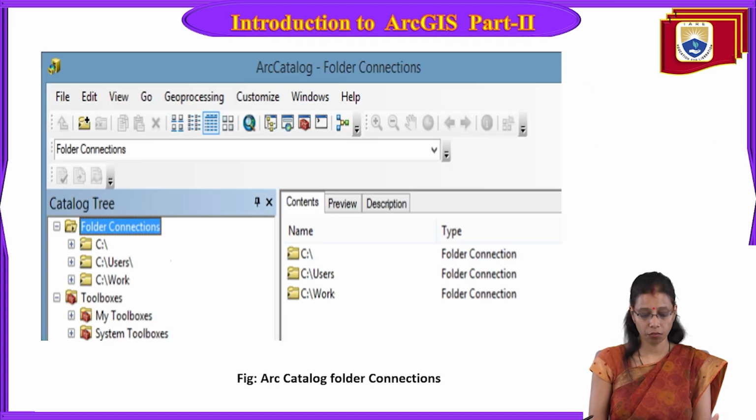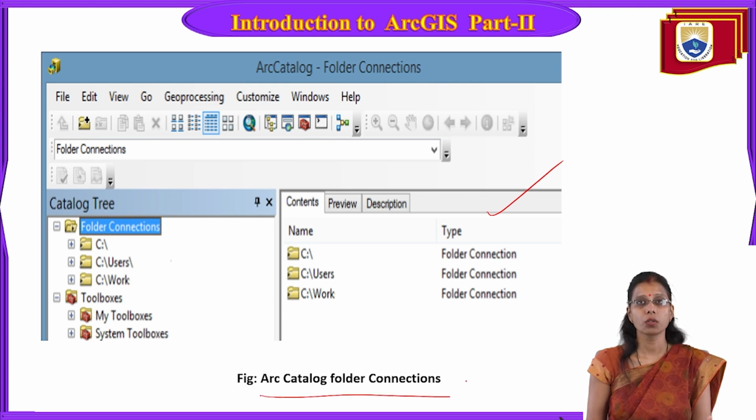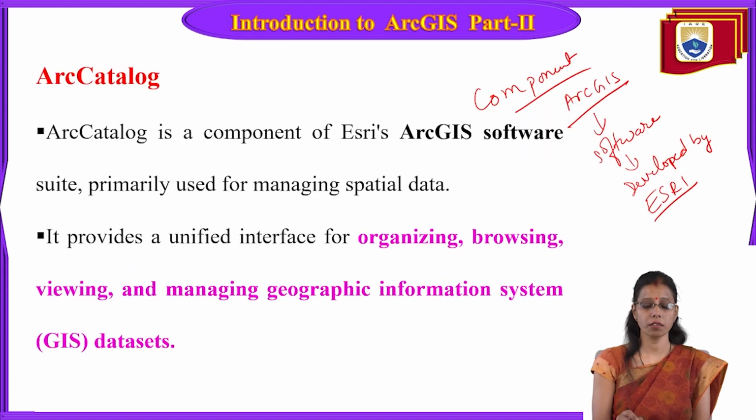Next, this window is from the ArcGIS software itself. It shows the Arc Catalog folder connections. It is an interface for organizing, browsing, viewing, and managing geographic information datasets.